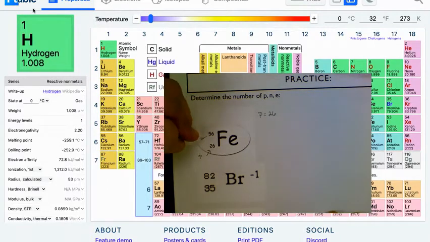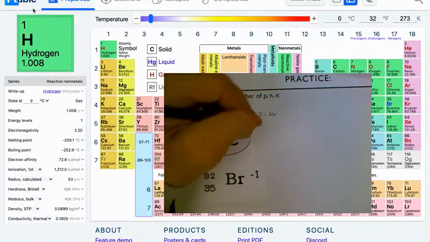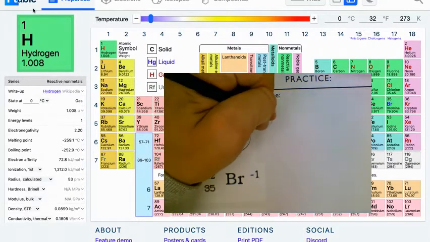I know this number gives me my protons plus my neutrons. Well, I already know my protons are 26, so 26 plus my neutrons equals 56. So treat this like a math problem. To find n, I have to subtract 26 from 56. So my neutrons is 30.